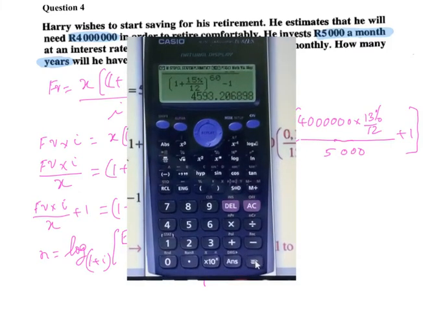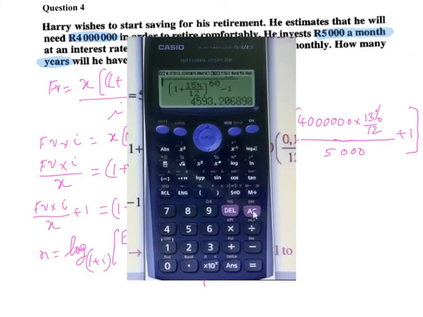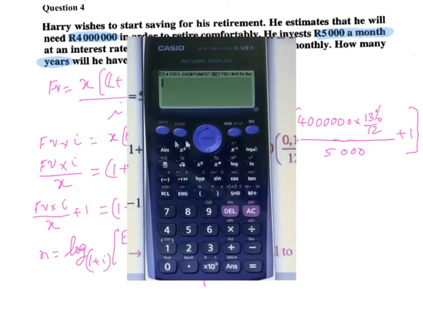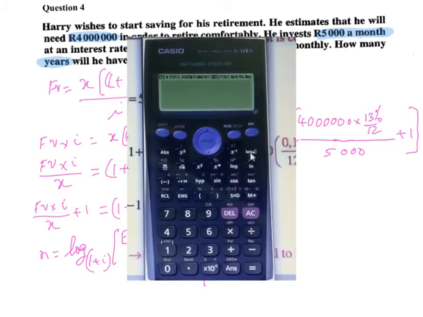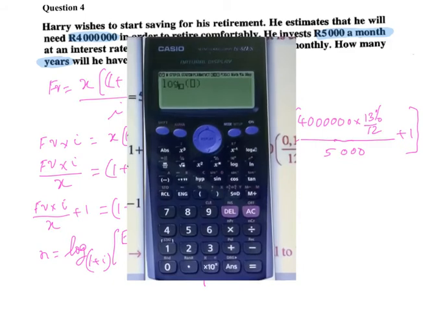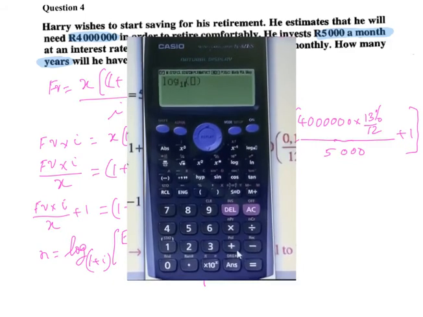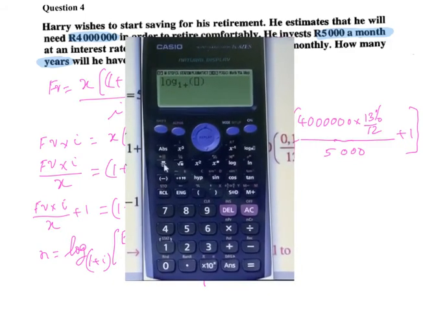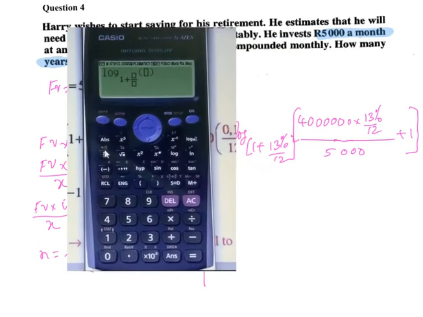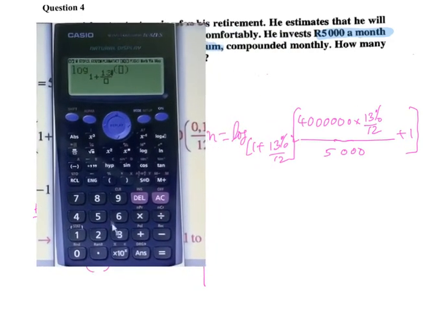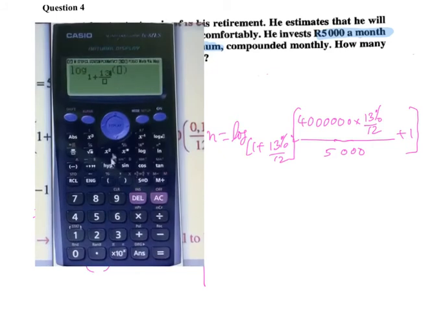So now I have to use my calculator. What I do here is logarithm, and my base is 1 plus a fraction, that is 13%, compounded monthly, therefore divided by 12.